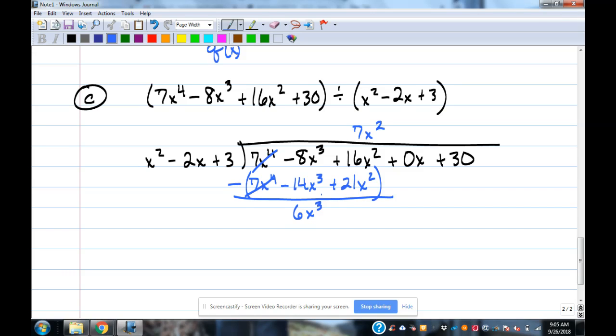So that'd be positive 6x cubed. And then we have 16x squared minus 21x squared. Negative 5x squared. Drop down the 0x. Even though it's 0, drop it down. So we're going to need it in the next step.